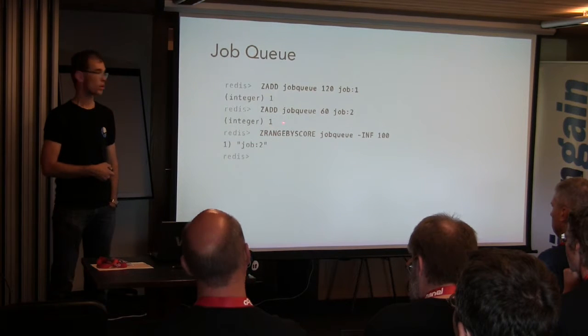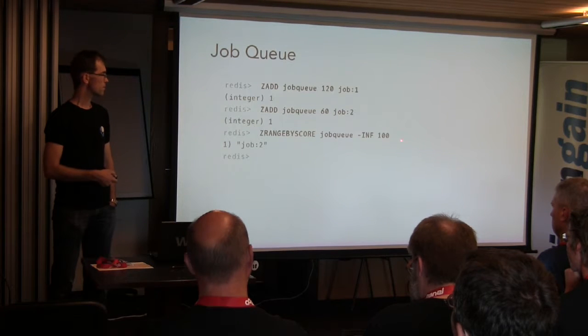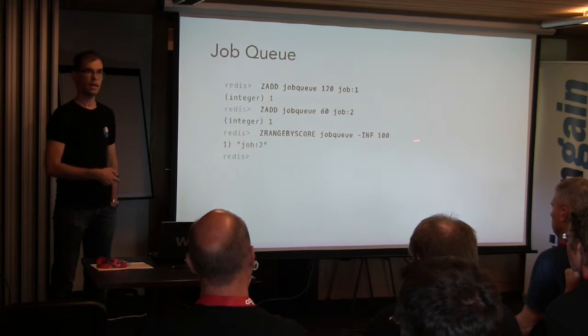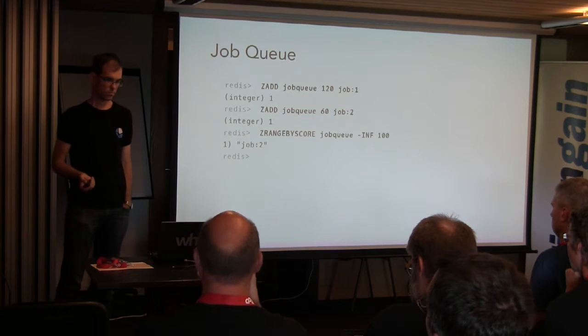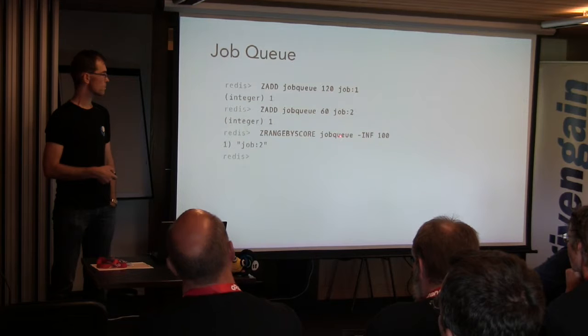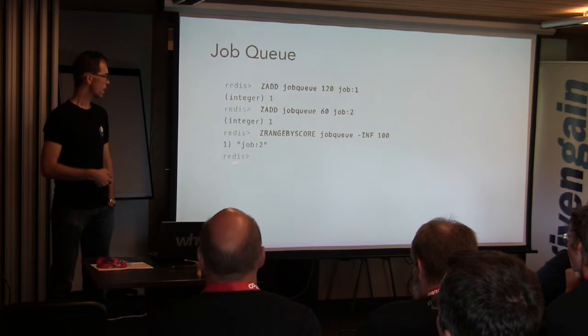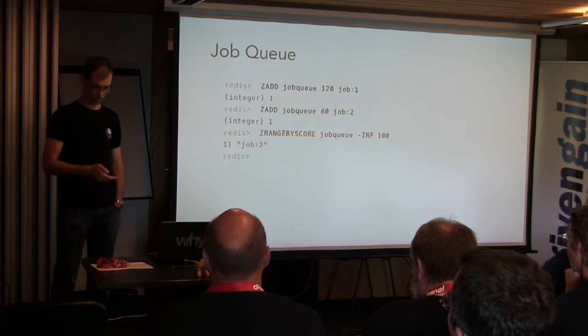Then I add a second job at time 60, and now I'm at time 100. And I want to know what should I do now. So I use ZRANGEBYSCORE on the job queue from the beginning of the time until now, and so I have the job which I can now run.